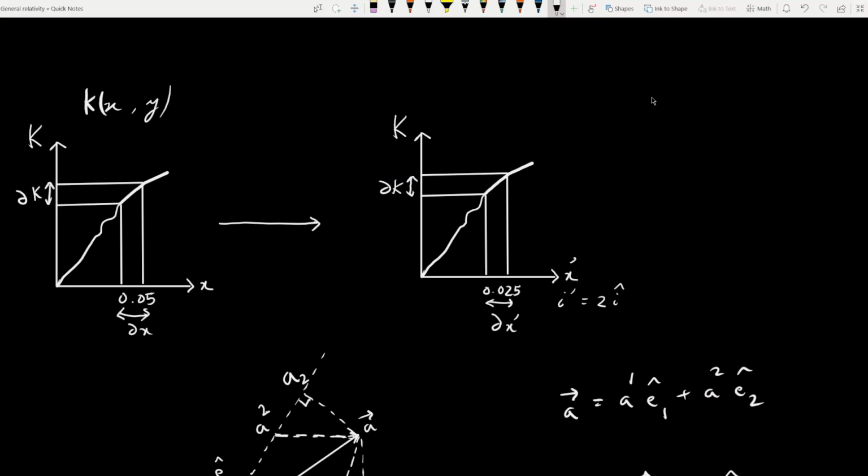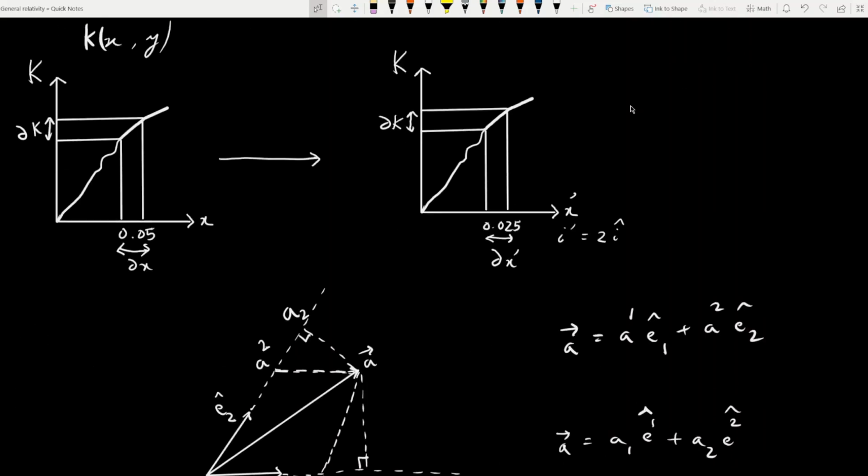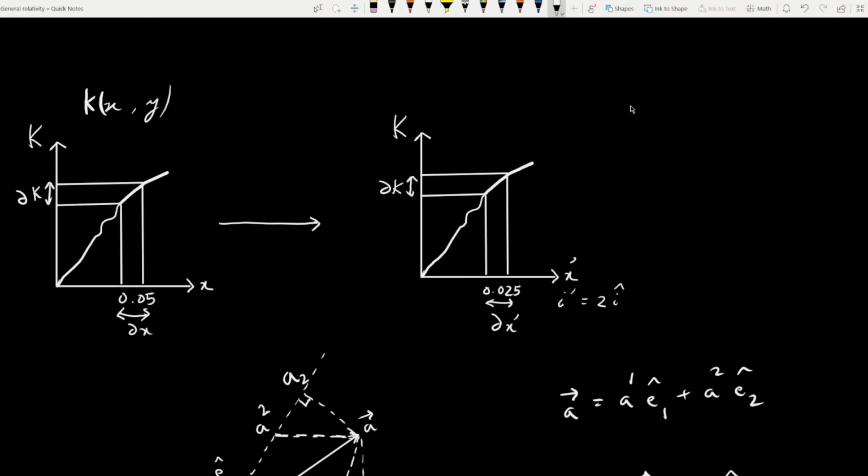Why is that? Because we've done the same transformation here, but as you can see, if we double our basis vector, then the x coordinate of our vector gets halved, meaning any displacement in the x direction will also become halved, which is why you can see that 0.05 is being halved here, 0.025.